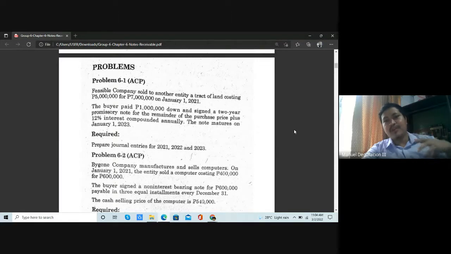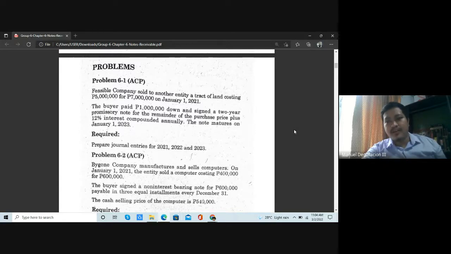So if we're dealing with a non-interest bearing note, you look at its face value, you remove the interest component, and whatever is left will be our present value. That will be the amount reported in your financial statements. When we're talking about present value, it's just really removing the interest component. For an interest bearing note, the same rule applies, it's just that there's nothing to remove.